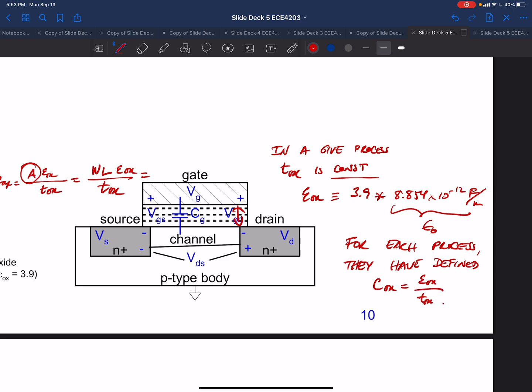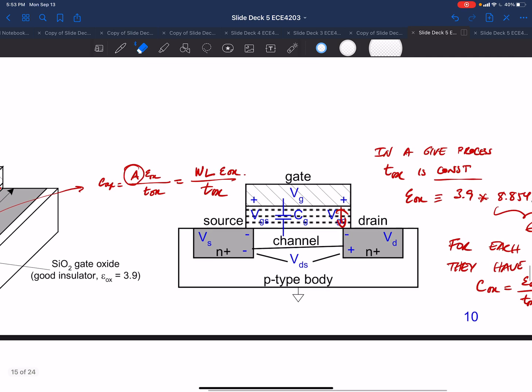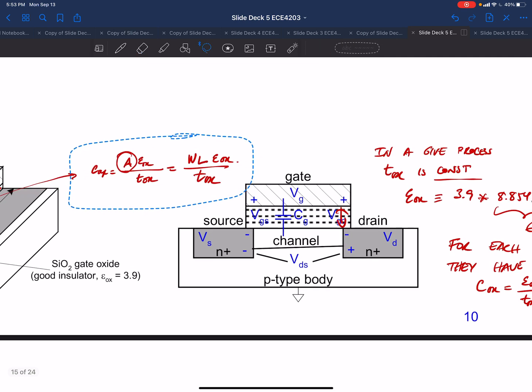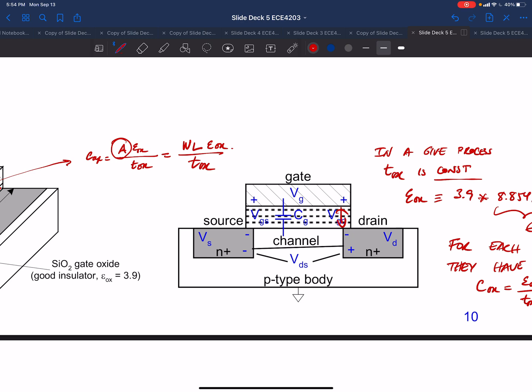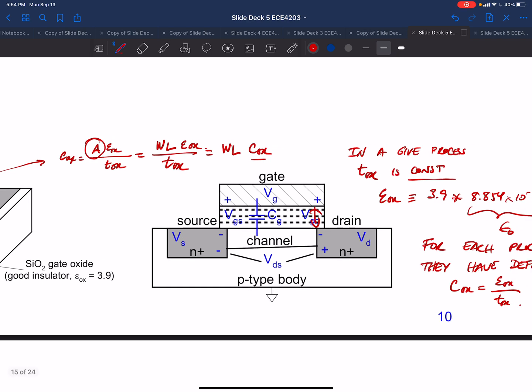So you can write this as W L C ox, and you only have this one number to worry about. So the area capacitance is equal to W L C ox. You'll see this C ox value.